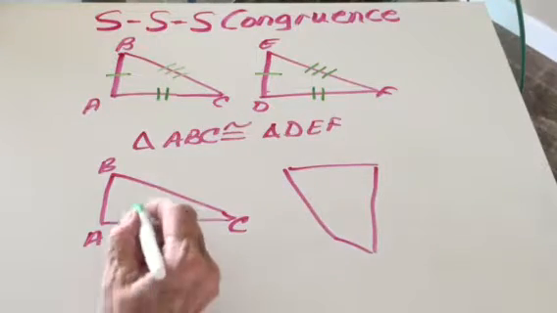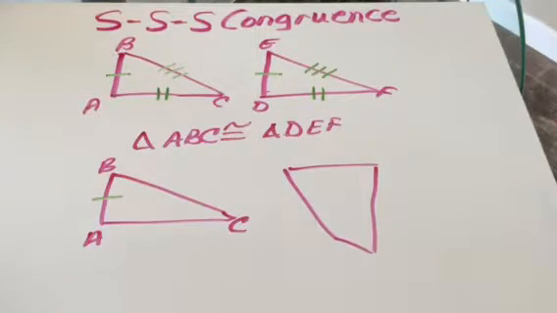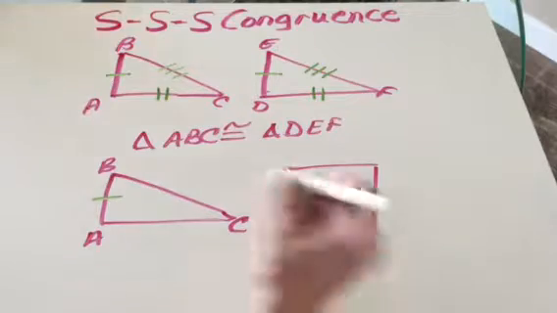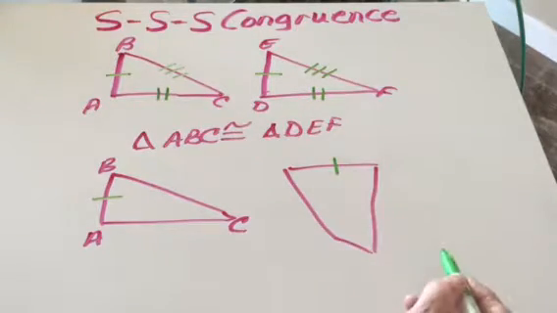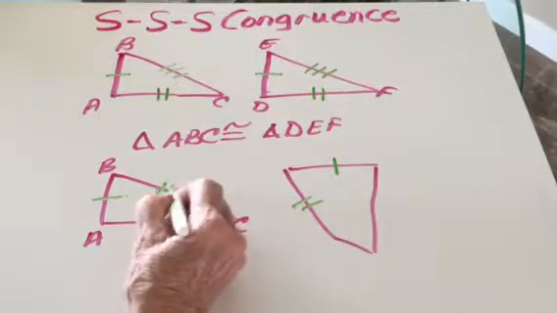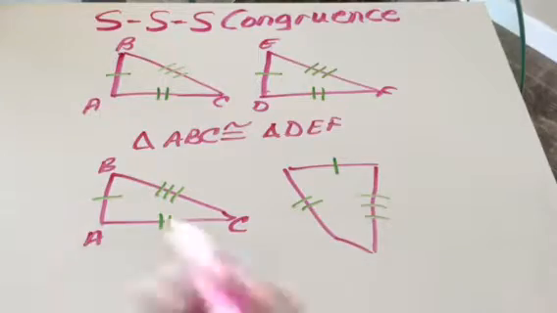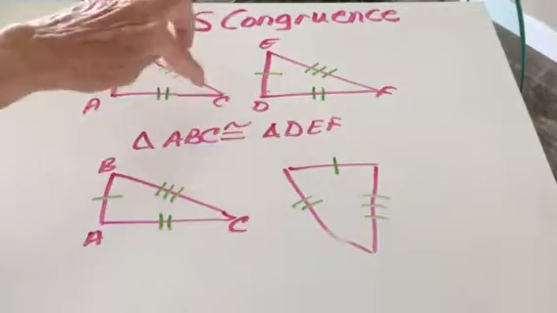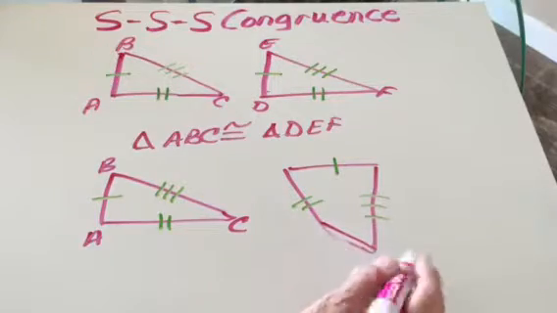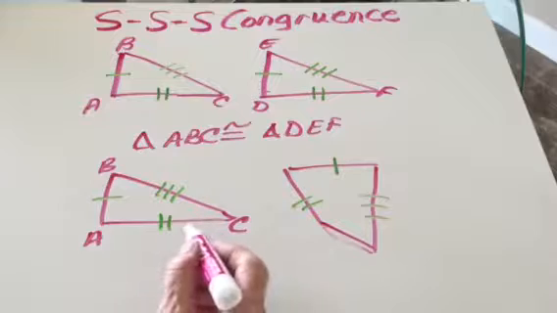So if I say that BC goes with that, and this goes with that, and this goes with this. Now, how do I name that triangle to make it be exactly like that? First of all, it's not a very good triangle. But anyway, it's supposed to look exactly like that, all right?